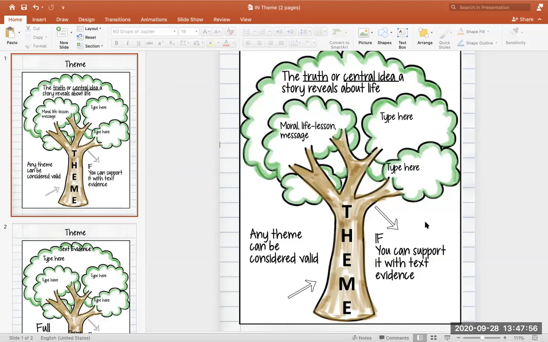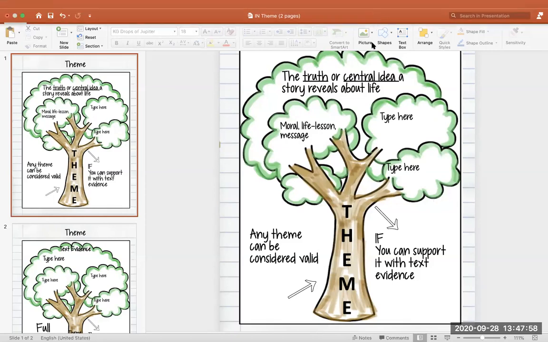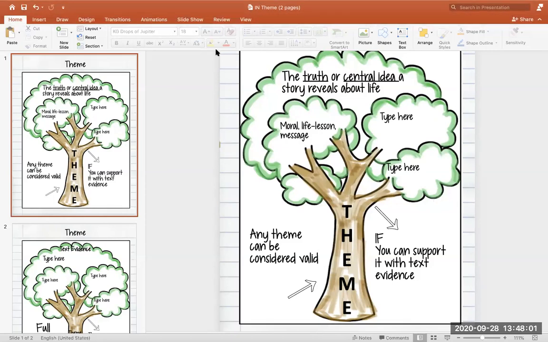And they can give text evidence to prove their theme as well. And that's okay. Like I said, any theme can be considered valid as long as you can support it with text evidence. So in this branch, we're going to write down a debatable opinion. And the important part of that is debatable. Just because we say the theme is one thing doesn't mean that that's the only option. It is your opinion. It's not a fact.